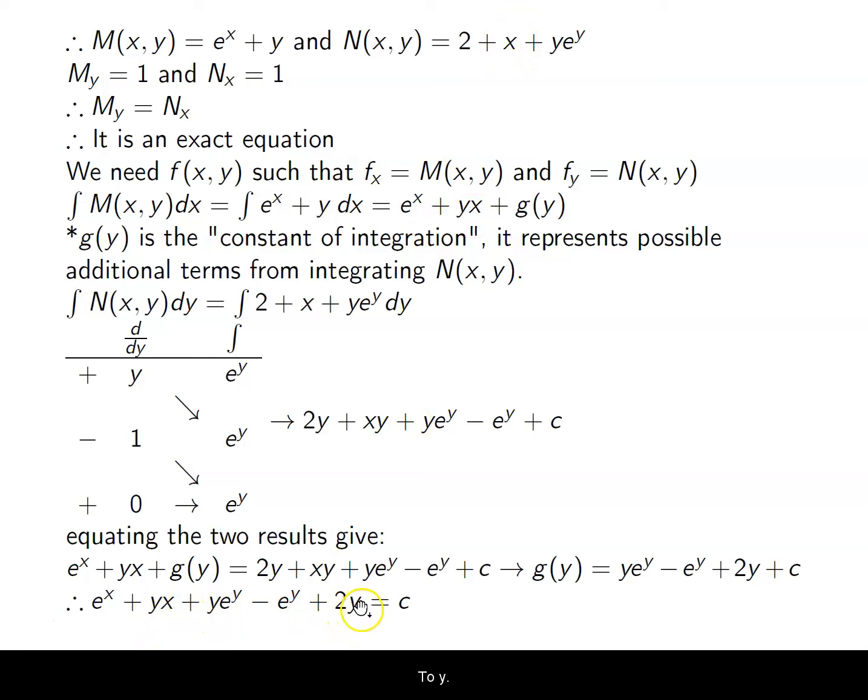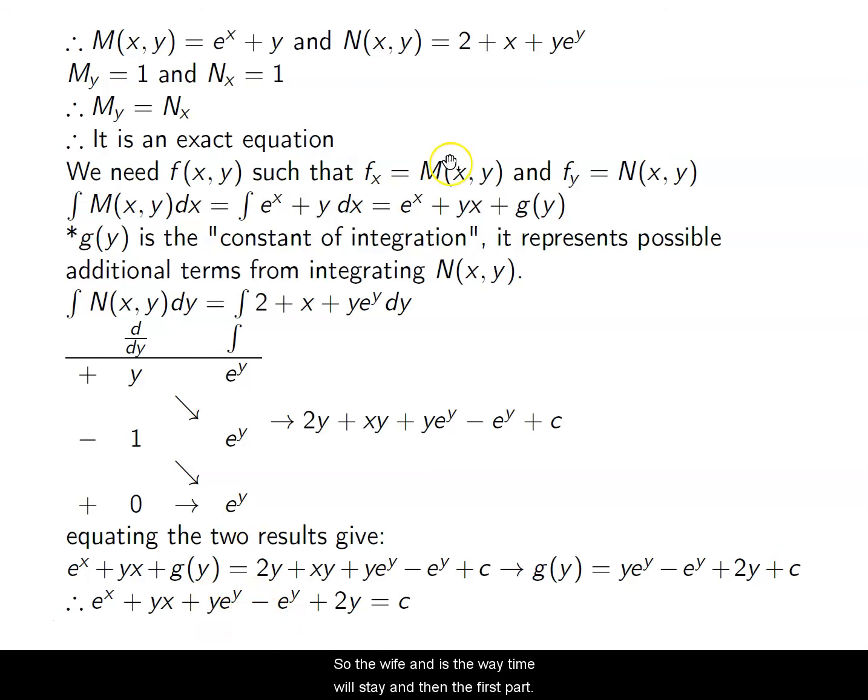My 2y, the y goes away and the 2 stays, right? And then here, this disappears when I differentiate this, right? So when I differentiate this with respect to y, I'm going to end up doing the product rule. So I'm going to get 1 times e to the y plus e to the y, y times e to the y.